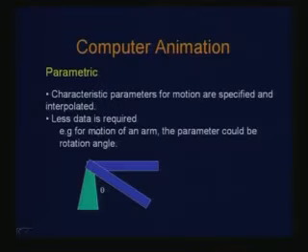Now, I can generate animation using interpolation of this parameter, right. So, the benefit is that it obviously requires less data, because I am defining the animation in terms of this, right. I do not need to look at the entire shape.